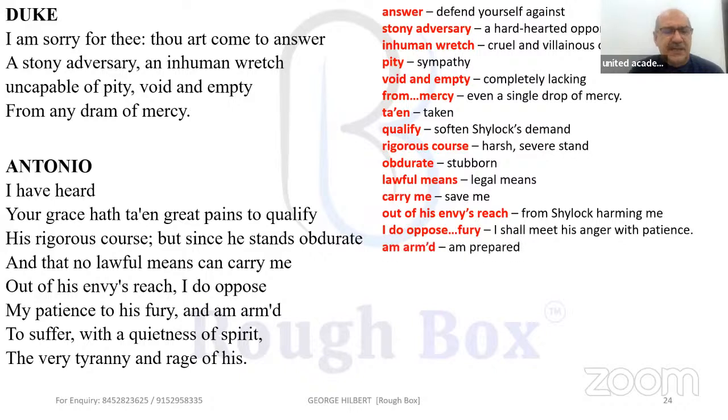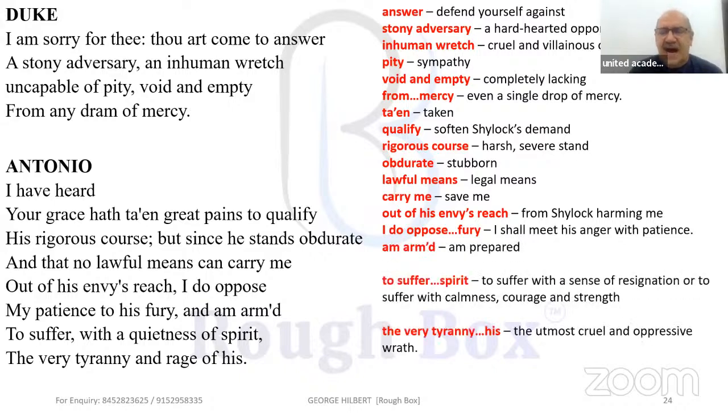I do oppose my patience to his fury. I shall meet his anger with patience, and am armed to suffer with a quietness of spirit the very tyranny and rage of his. Okay?